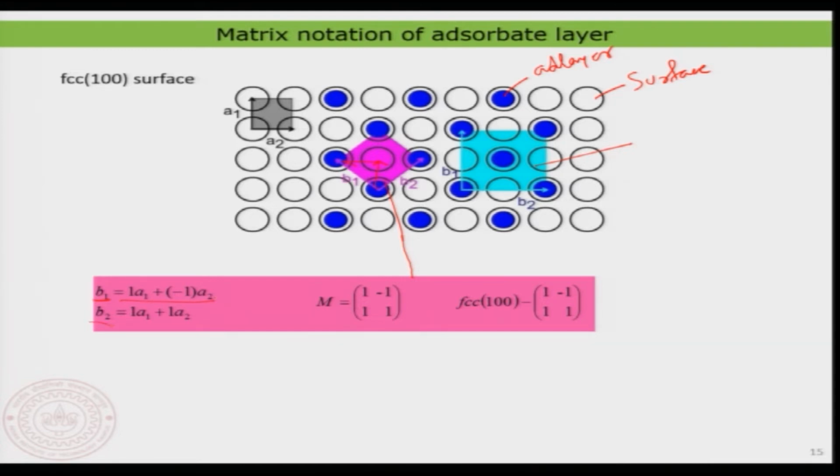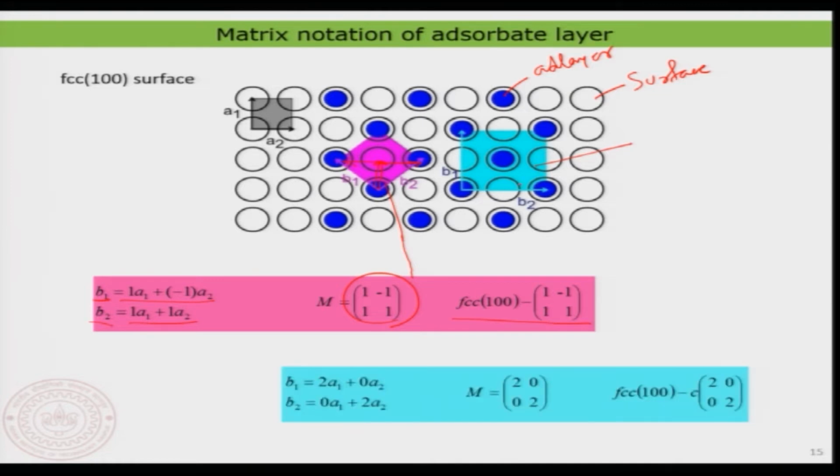Then for B2 it is 1 times A1 and positive 1 times A2. So, you would get 1 A1 and 1 A2. That means the metric notation is 1 minus 1 1 1. So, the surface can be called FCC 1 0 0 1 minus 1 1 1.